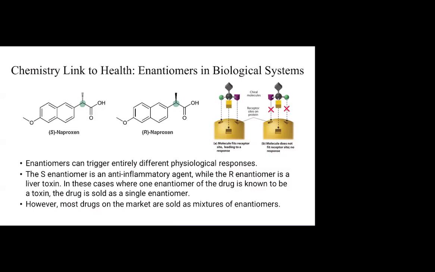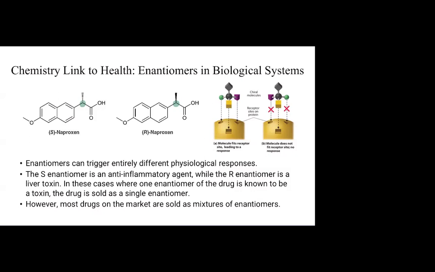Now, this naproxen, when it was synthesized in the laboratory, needed to be separated from its enantiomer, because in the laboratory it was discovered that naproxen in its R version actually causes toxicity in the liver.